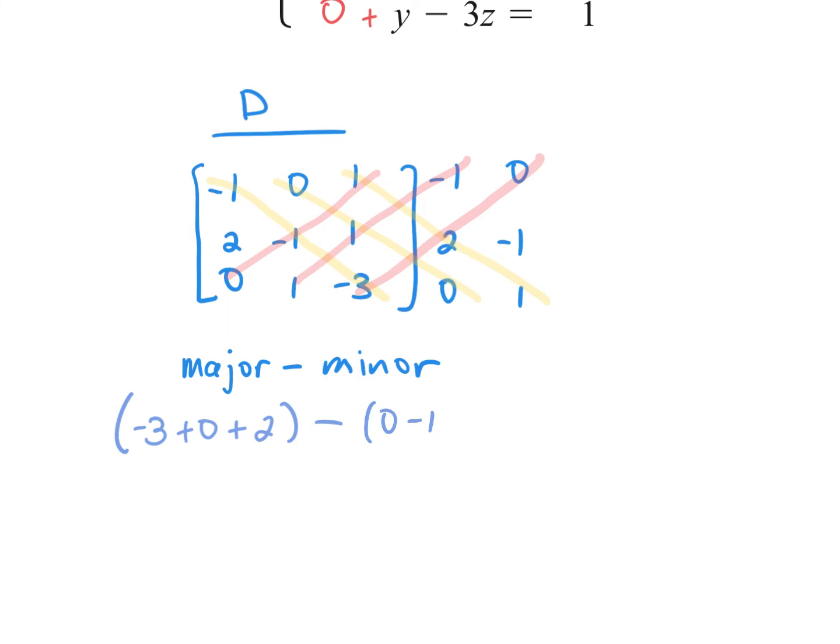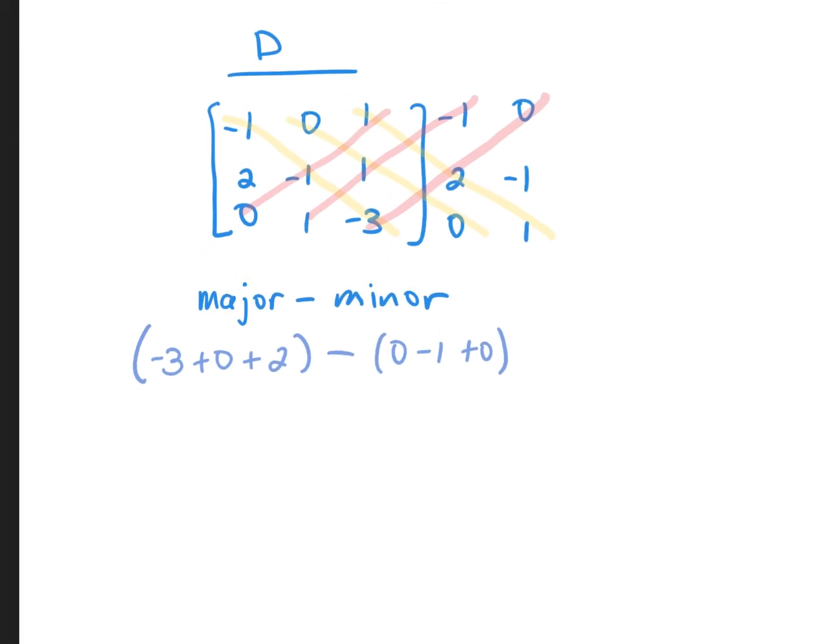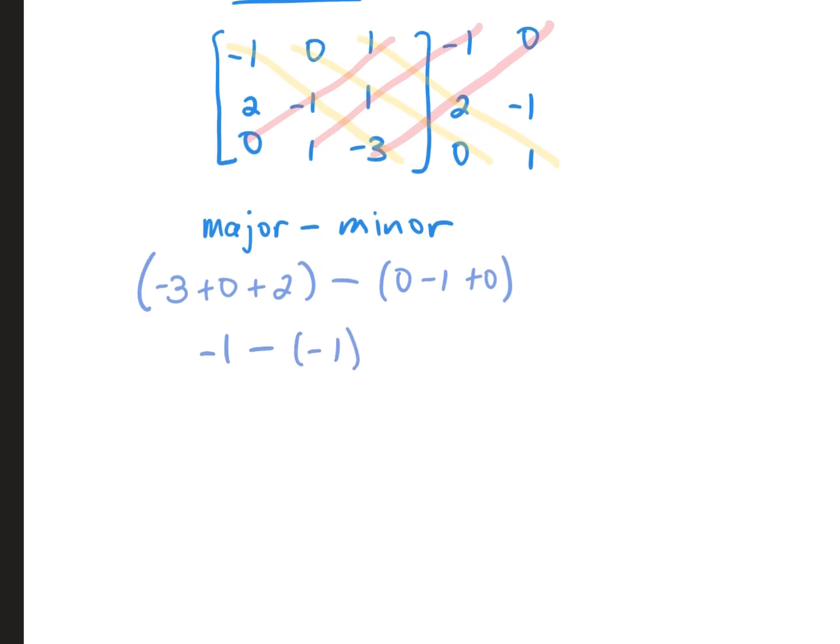And then negative 3 times 2 times 0. Yep. So simplify here. Negative 3 plus 0 plus 2 is what? Negative 1. Minus 0 minus 1 plus 0. Wait, no, sorry, 1. Right? So I have negative 1 plus a negative 1.